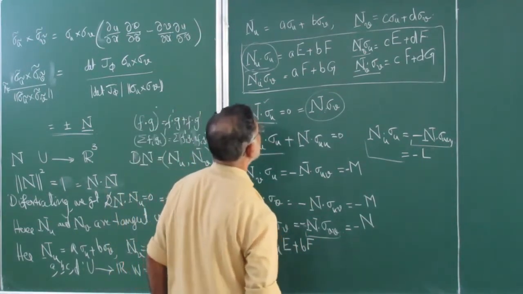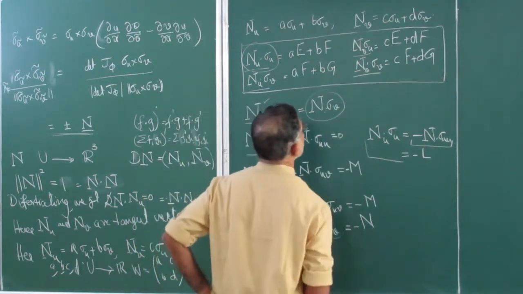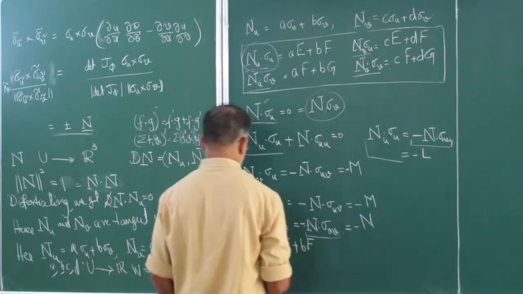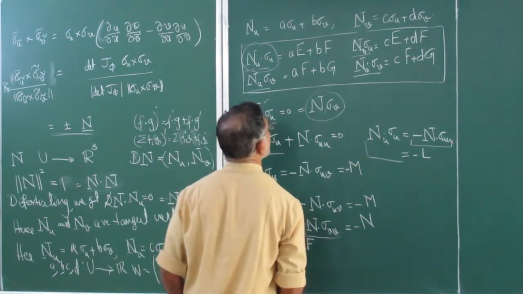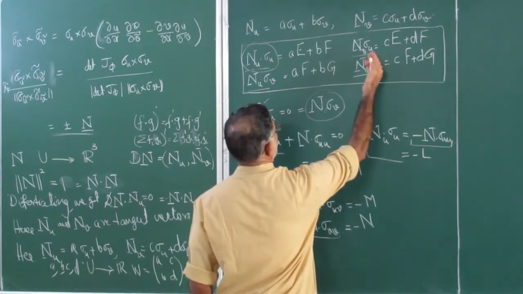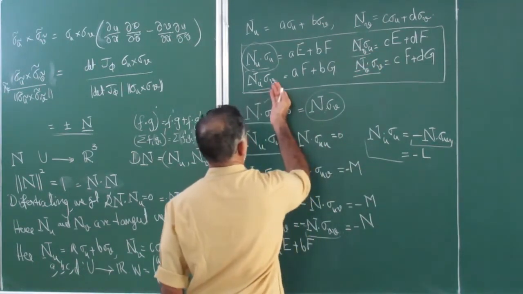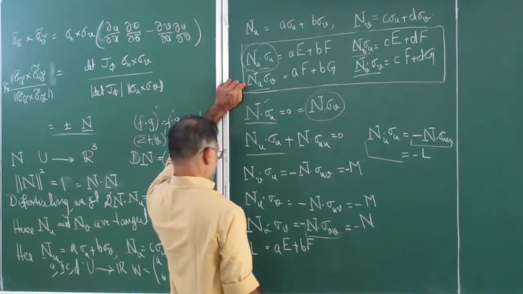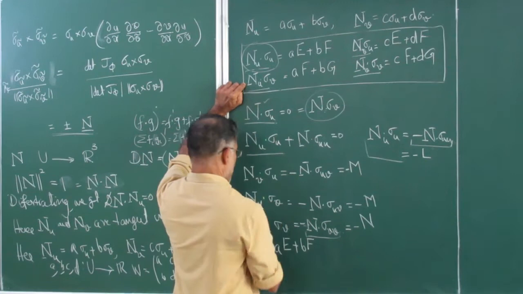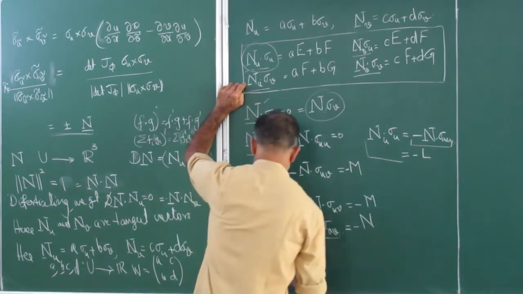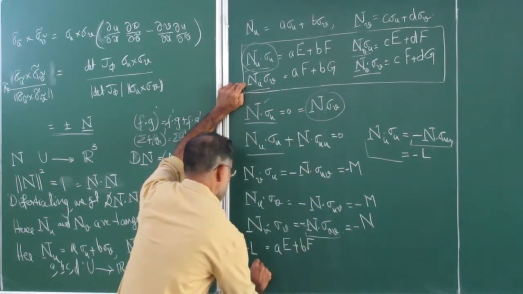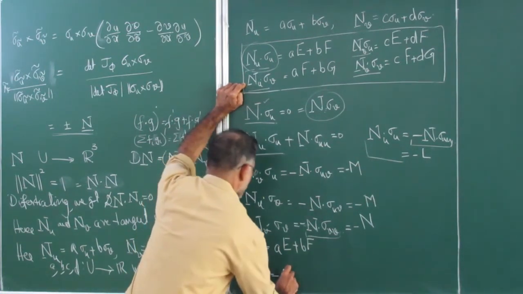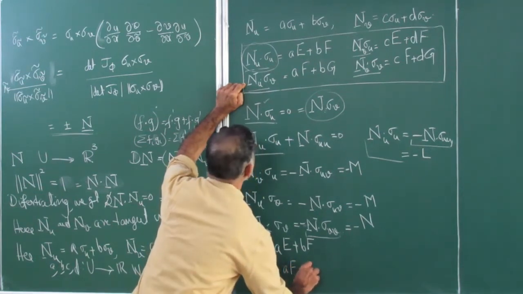Next, let's take n_u · σ_v. Where did we compute? This is the one. n_u · σ_v is minus M is equal to AF plus BG.